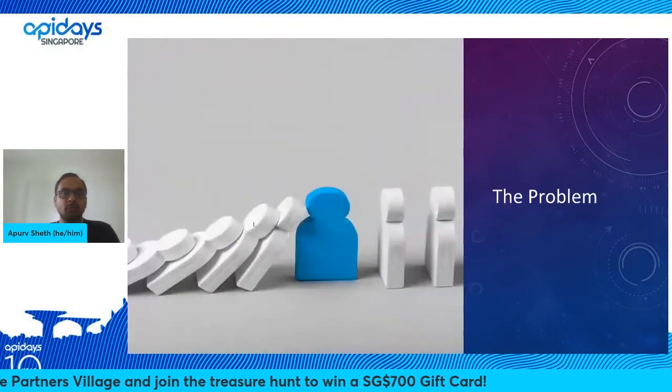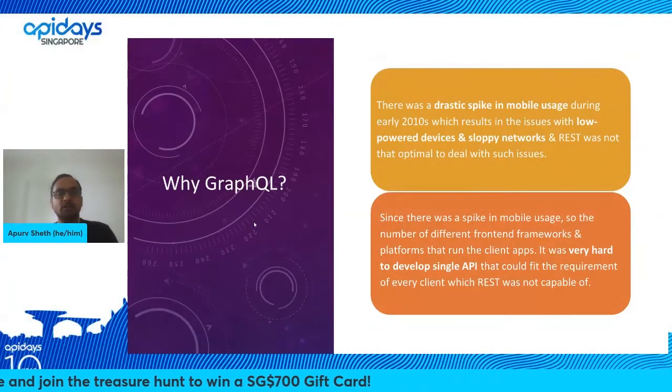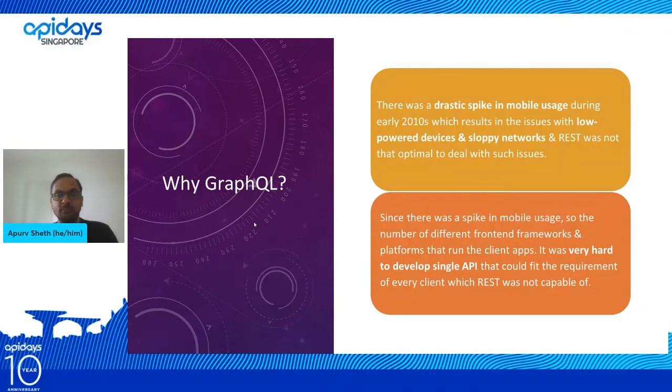So the problem was, due to the spike in mobile usage, the sloppy networks, and the low-power devices, APIs were not able to keep up, and we had to keep shifting our focus to supporting different sets of devices.